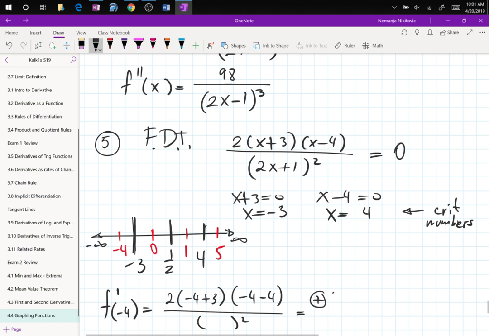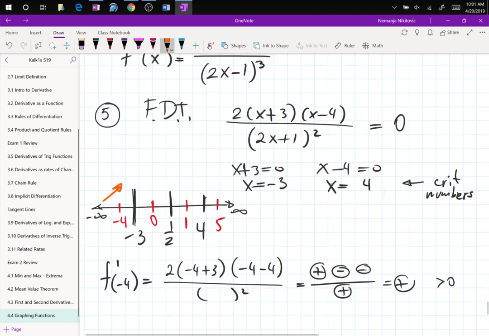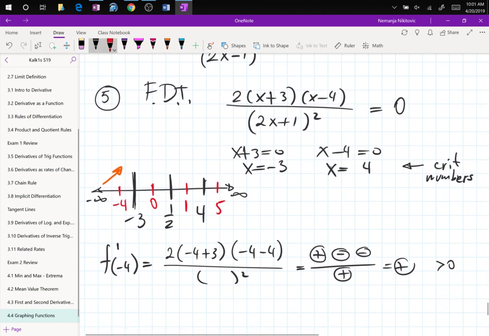That's a positive, times a negative, times a negative, divided by a positive, all together is a positive, and it's larger than 0, so we have an increase. Great.